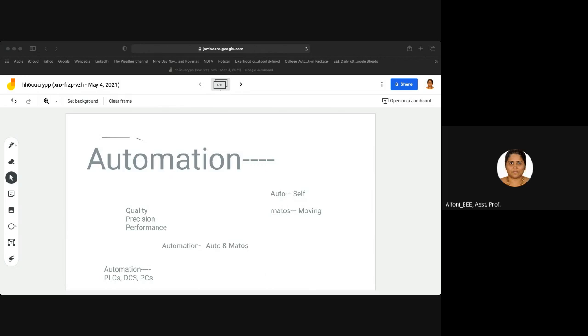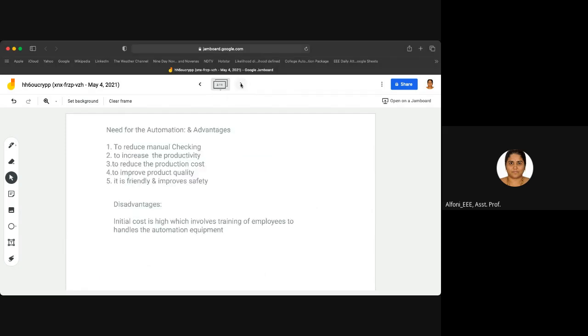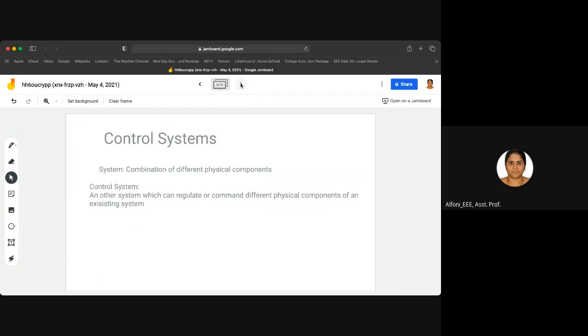So, in order to achieve different objectives in various systems with accuracy and economy, we need a system which is called the control system. Before going to the control system, we should know what a system is.